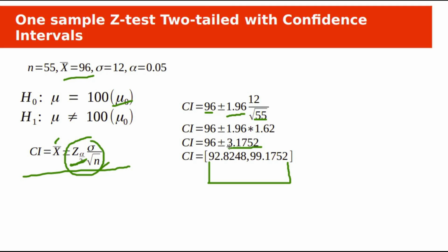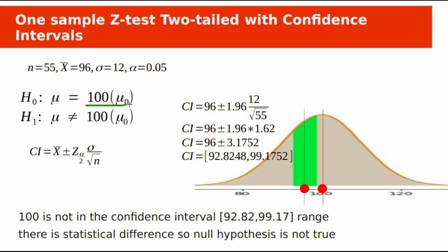The margin of error here is 3.1752. For lower bound, you have to subtract this margin of error from the sample mean 96. Here it is 92.8. For upper bound, add margin of error to this sample mean. Here it is approximately 99.2. True mean mu naught, here it is 100, is not in the confidence interval range of 92.8 to 99.2.